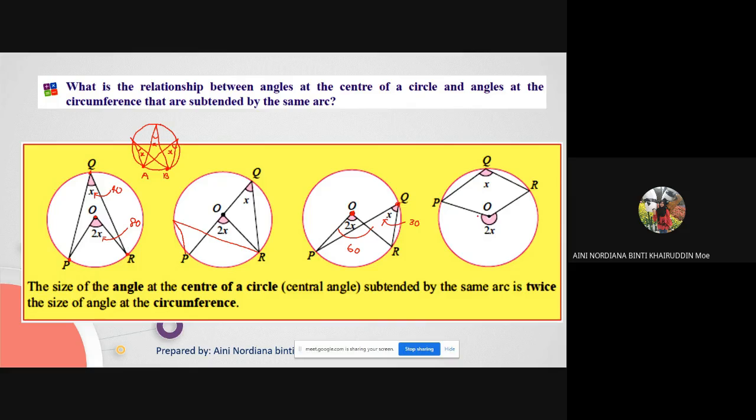So this one, kalau you jumpa bentuk macam ni, angle at here and angle at here is twice angle at Q. Angle at center twice angle at circumference. If the angle of X equals to 120, so angle at center is 240. Double the angle at circumference.